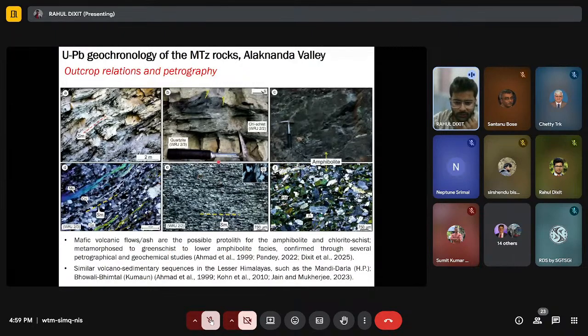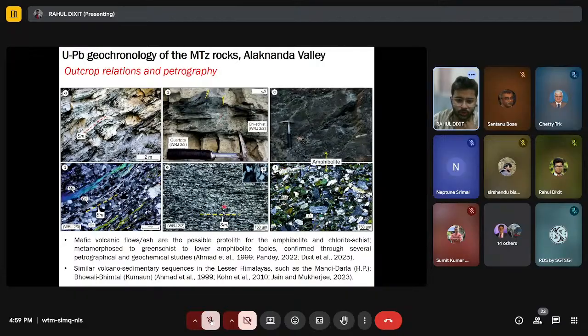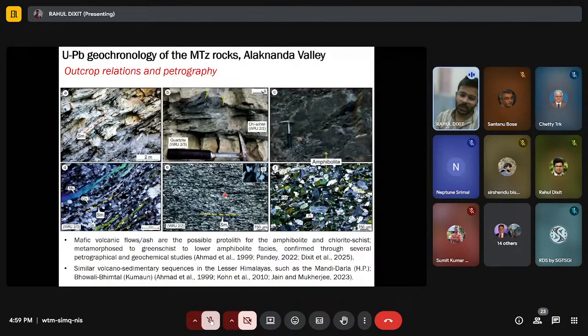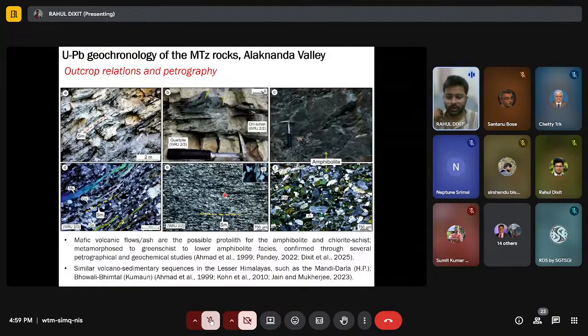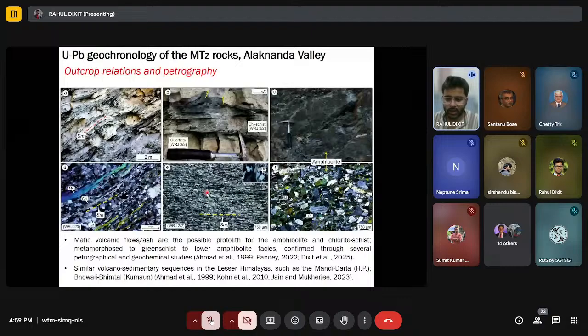Photograph E is a thin section photograph of the chlorite schist, in which more than 90% of the area is covered by chlorite flakes. This chlorite schist represents retrograded volcanic flow horizons which have been subjected to several phases of metamorphism. Because of that, the original texture of the volcanic rock is lost, but the geochemical studies have shown that the protolith is essentially volcanic flow horizons that occurred during Paleoproterozoic time.